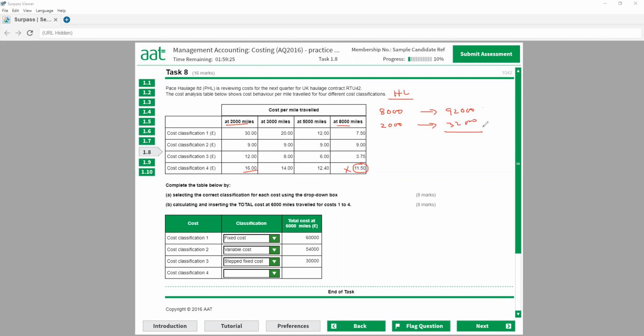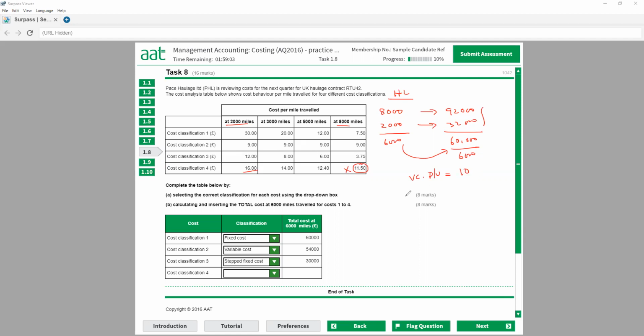So now we find the difference. The difference in cost is 60,000. The difference in units is 6,000. We'll divide the cost by the units, and that will give me 10. This is the variable cost per unit. So the variable cost per unit is 10.